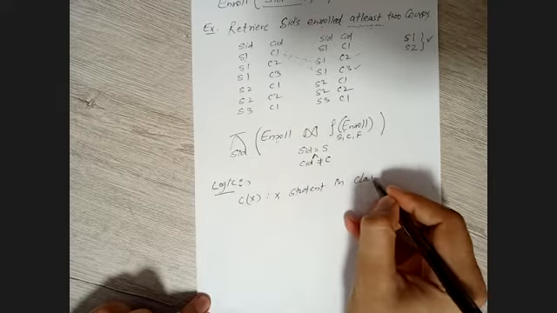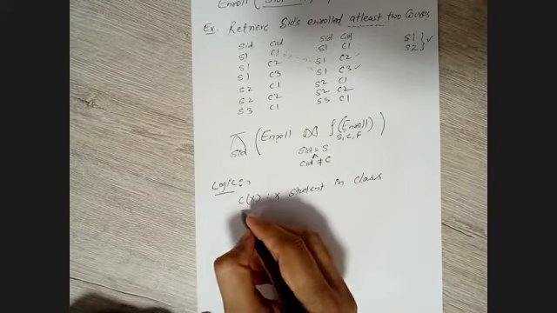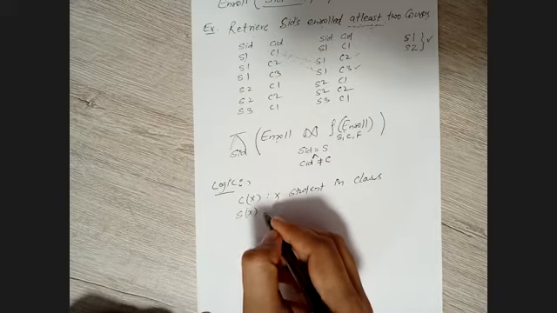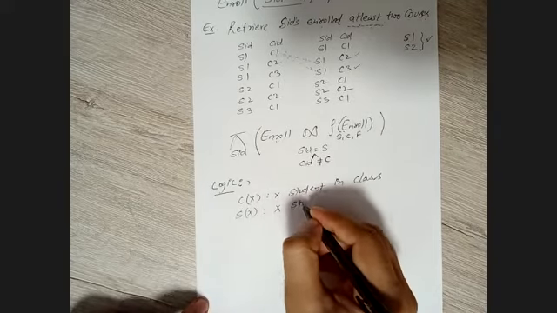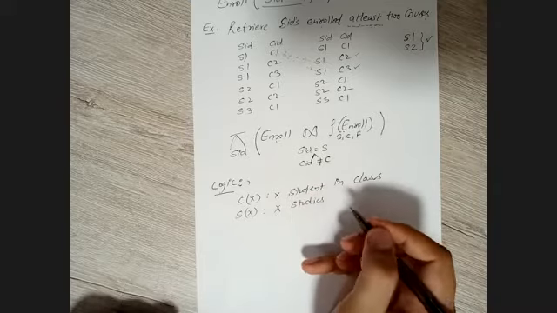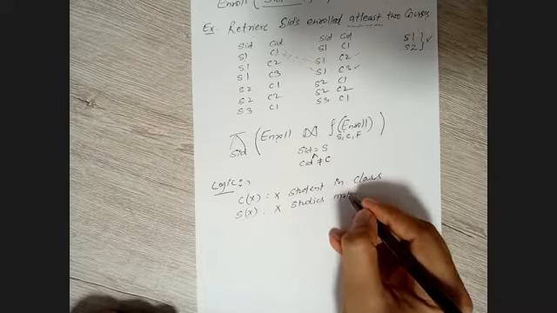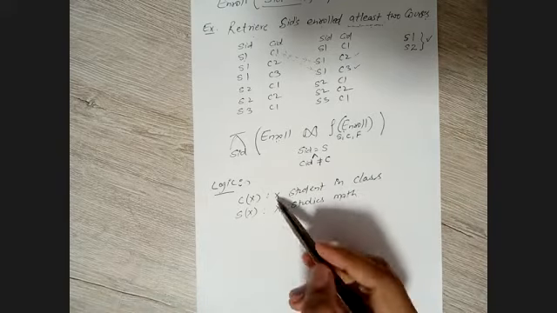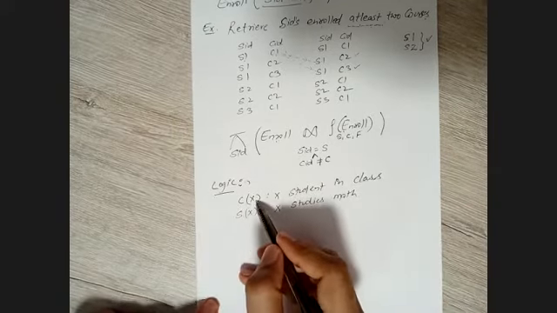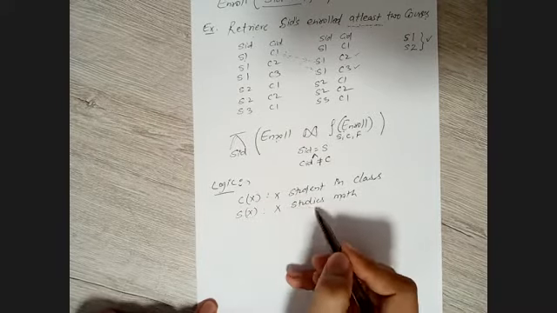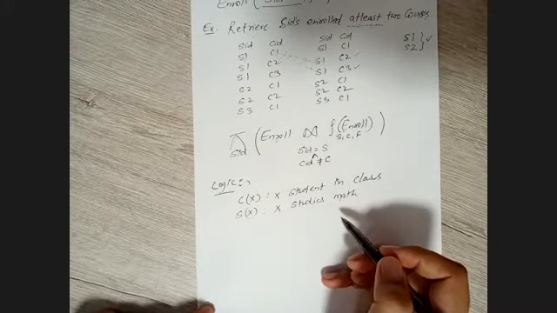Now S of x is another function which states that student x studies some subject, let's consider mathematics. So x is a student in a class, represented by C of x, and S of x means x studies maths.